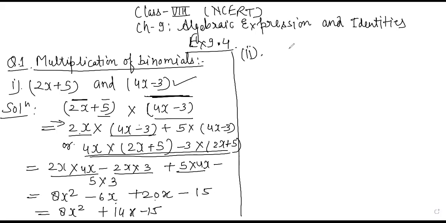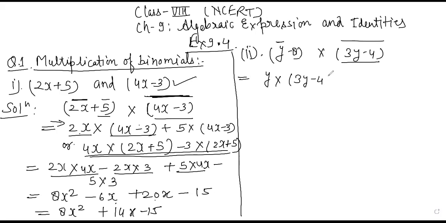Second part is given: y minus 8 multiplied by 3y minus 4. Similarly, we will follow the same steps. Y will multiply with the whole bracket, later on minus 8 is multiplied with the whole bracket, right? So 3y minus 4, minus 8 is multiplied with 3y minus 4.